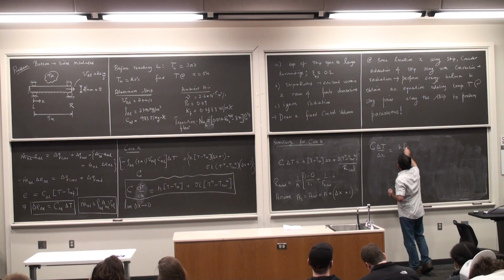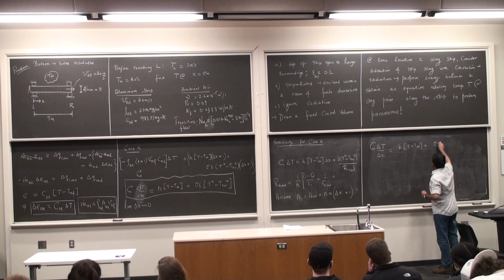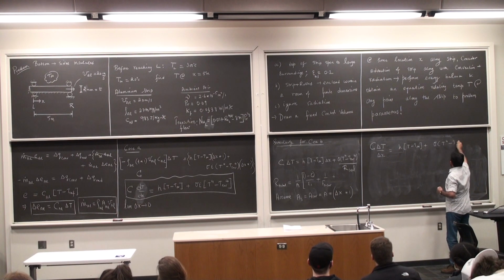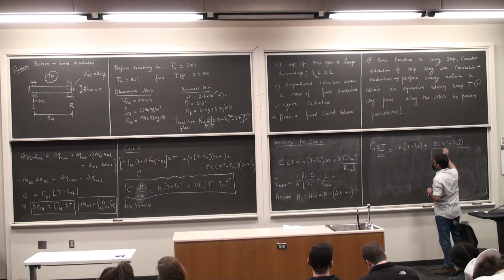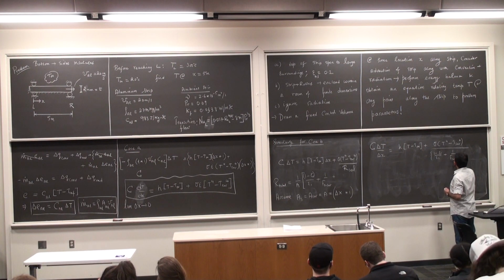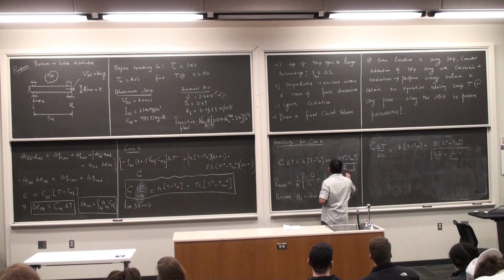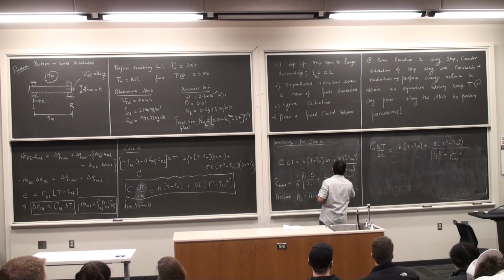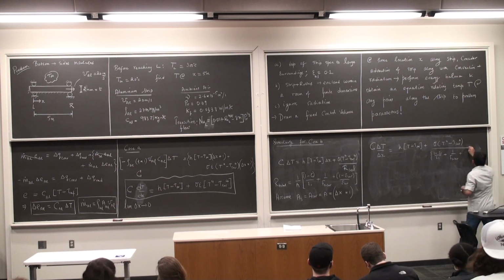It is h times (T minus T infinity) plus sigma, all of this divided by one plus epsilon surrounding terms.